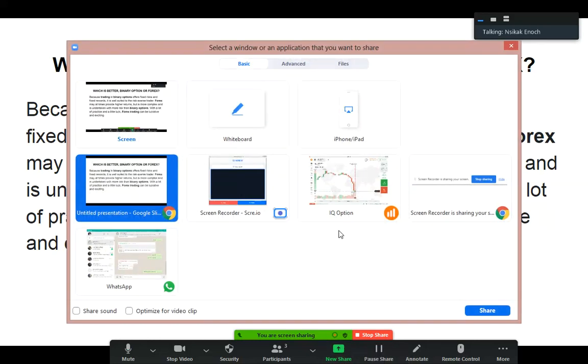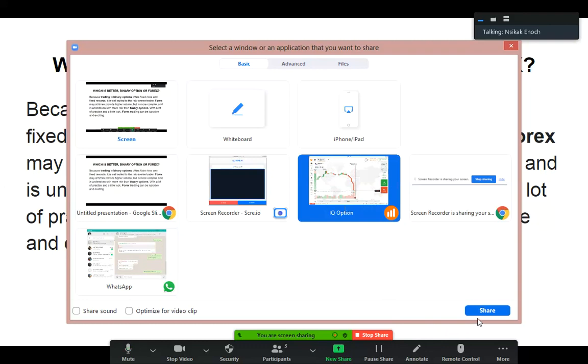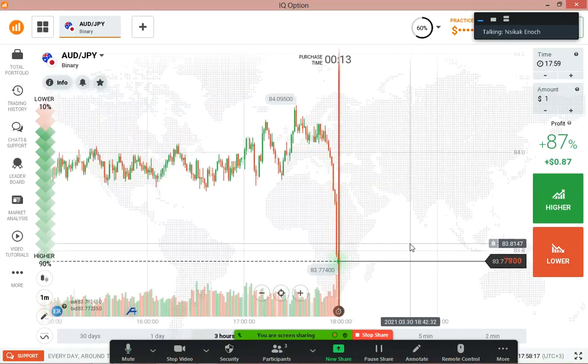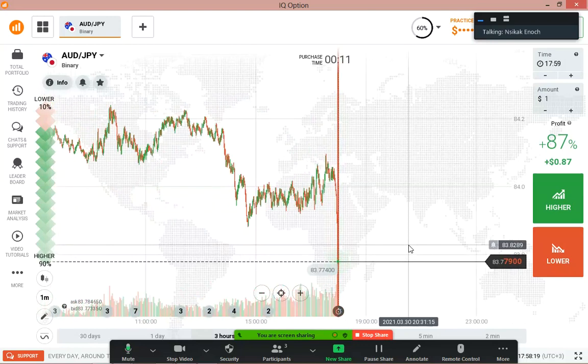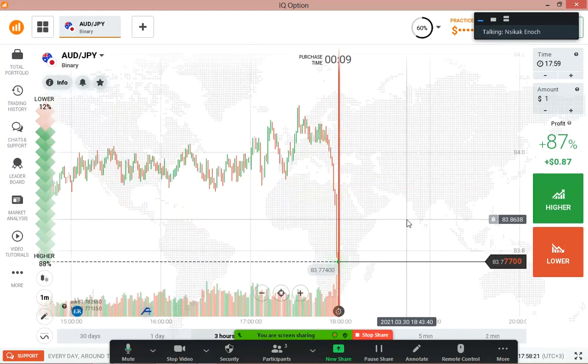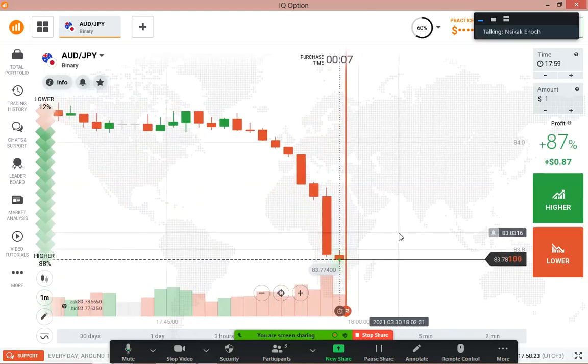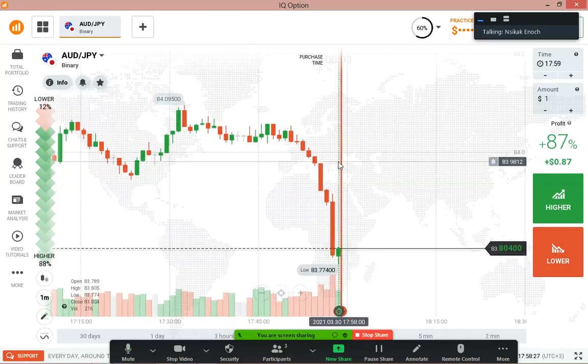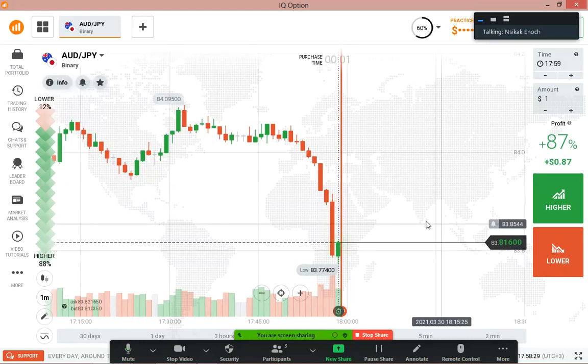So tomorrow we start another chapter. Tomorrow I'm going to explain how to draw levels of support and resistance, everything about support and resistance. There are different ways to trade on support and resistance.